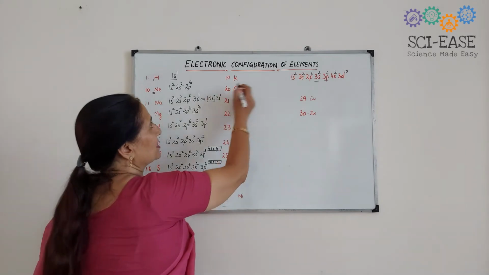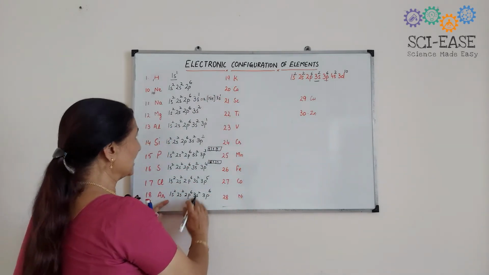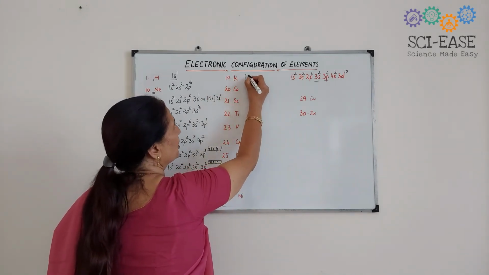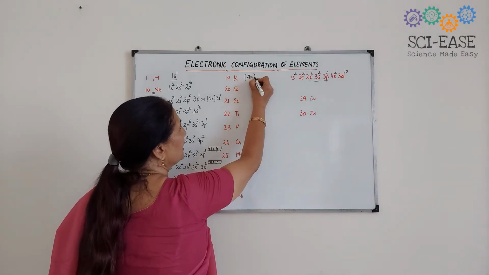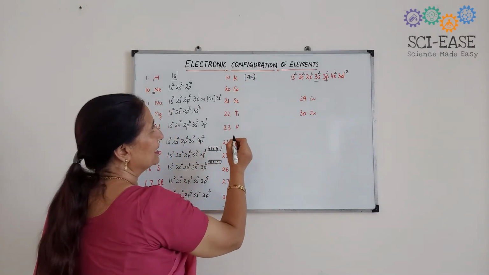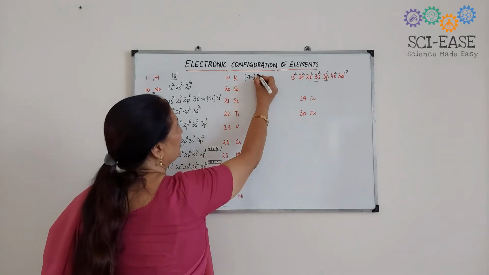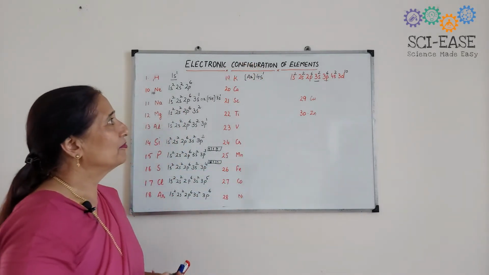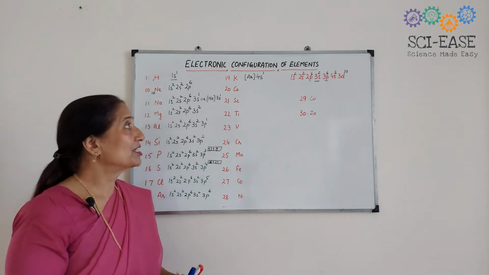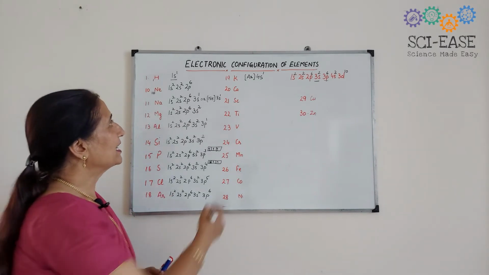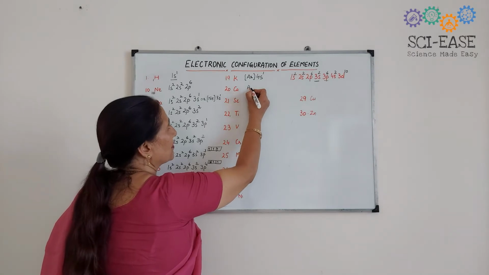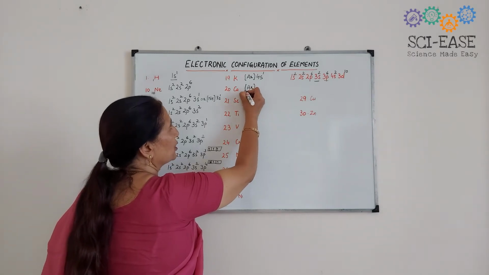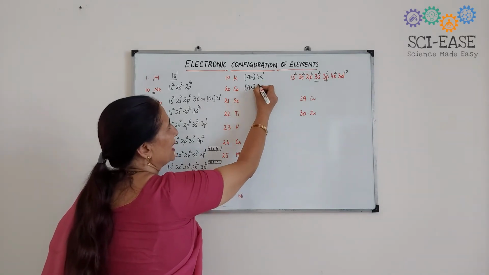So here we can write the configuration of argon, 18 complete, and the next electron will go in 4s subshell. In case of calcium, configuration of argon 18, 4s2.